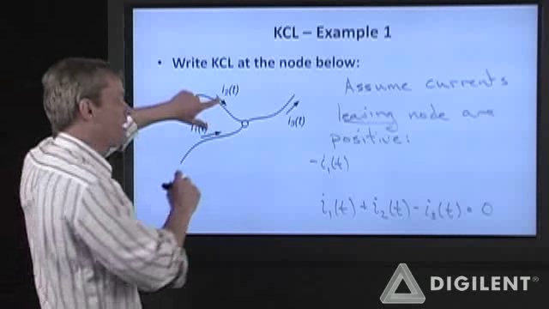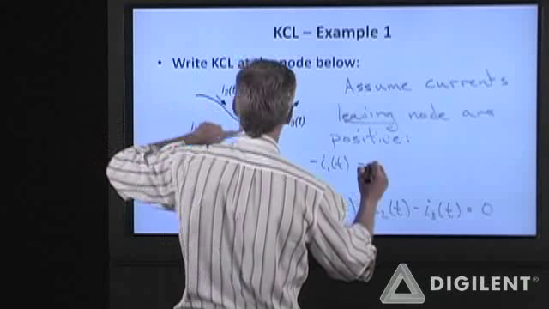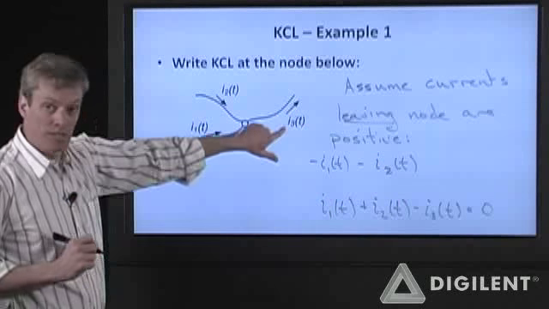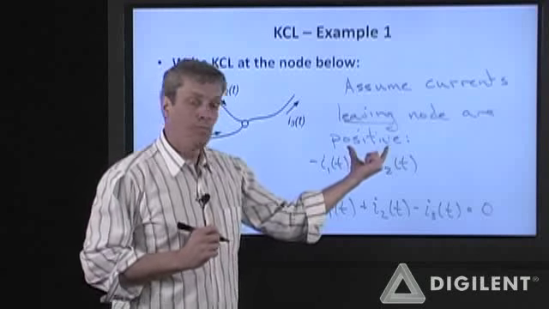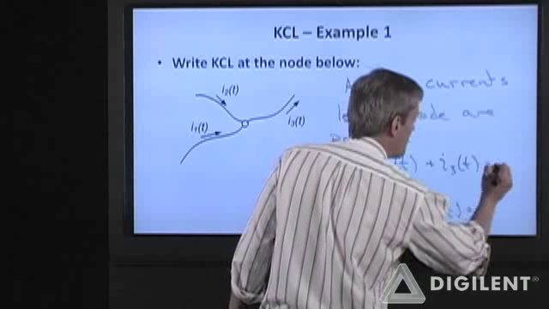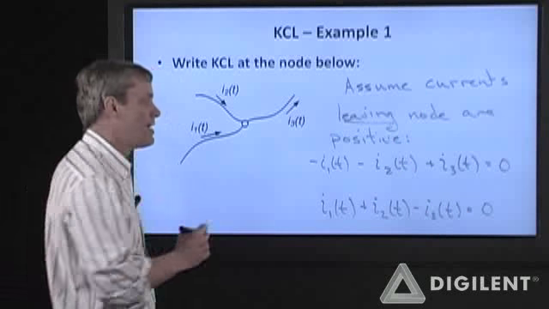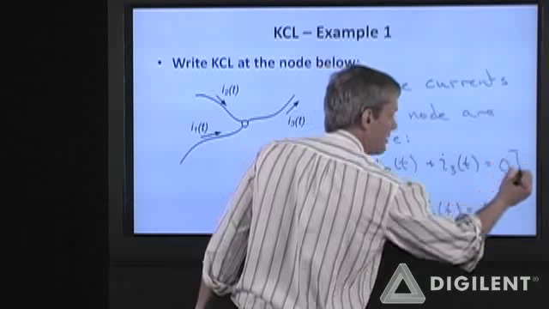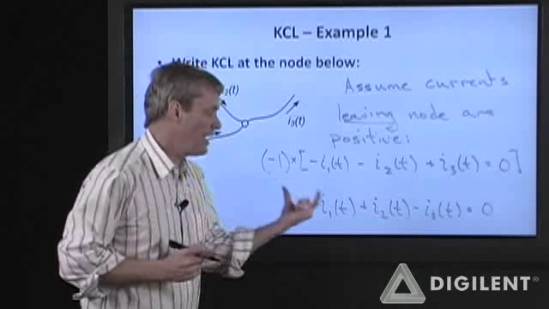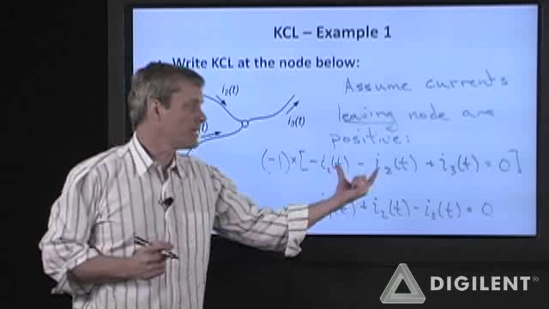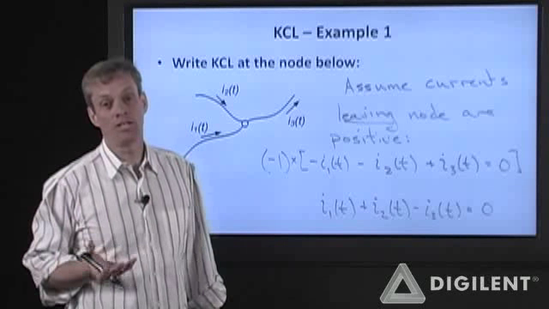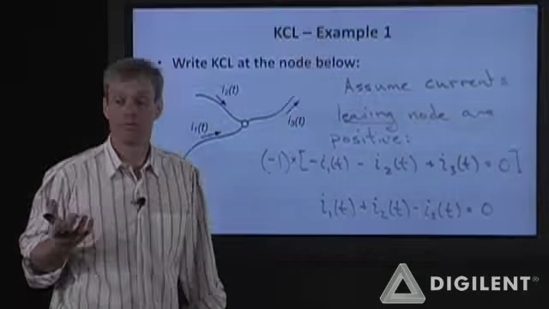This becomes a negative current because it is actually entering the node, minus I2 of t. This one's leaving the node. It will be assumed to be positive, plus I3 of t. That sums to 0. If I take this guy here, multiply it by -1, I get this result. They're both identical. I've just consistently changed my signs throughout.